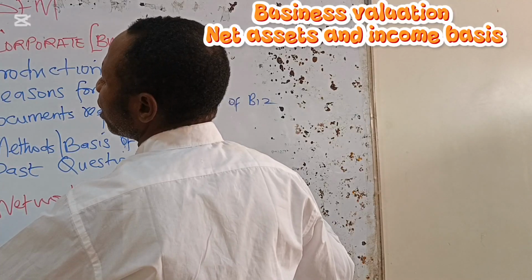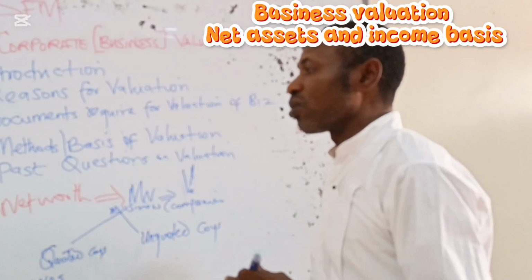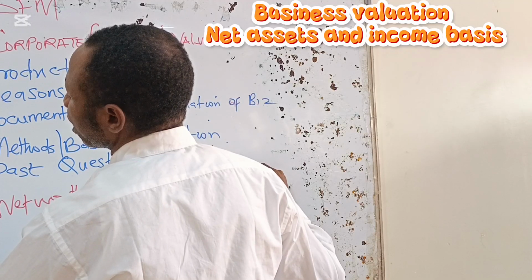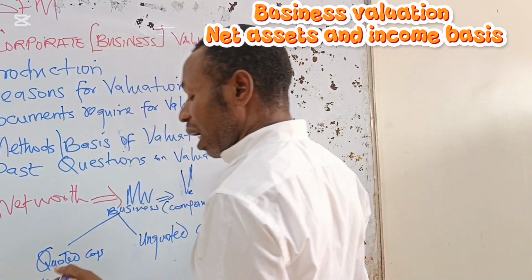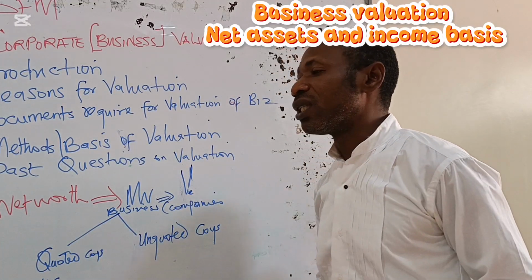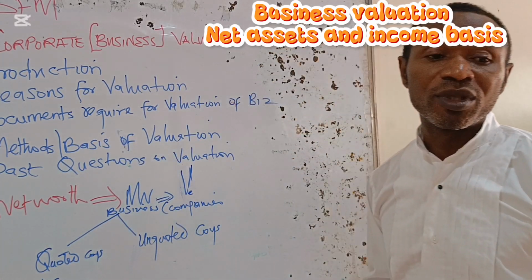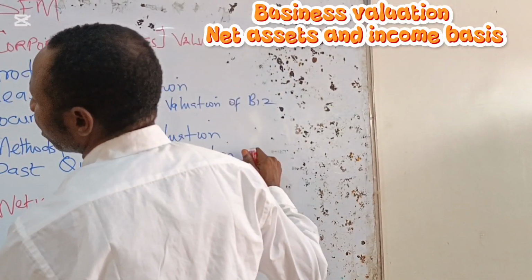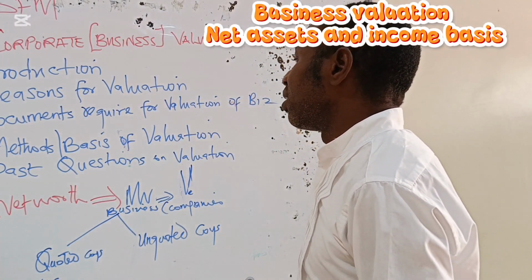Other reasons could be for merger and acquisition. When an entity wants to merge with another, they will need to know their value so as to know the modality of carrying out such merger. Financial reporting reasons, such as IFRS standards, require businesses to know their fair value. There's also IFRS 13 and IFRS 3, business combination, which also require that you know the value of a business. Then there are tax reasons.